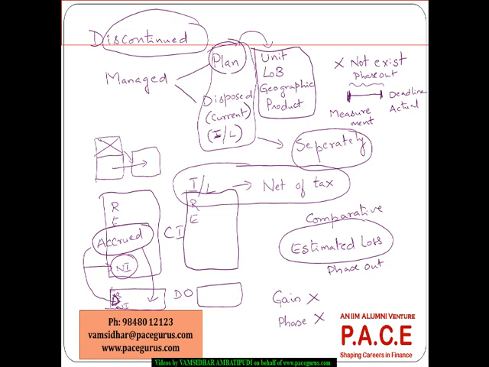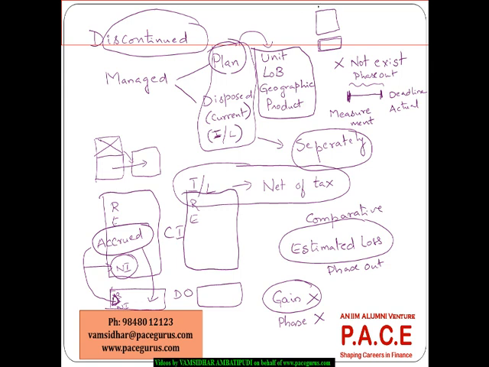Show the estimated loss in the income statement on the measurement date, but if there is an expectation of a gain, don't show any gain until the actual transaction is completed. So in simple essence, for any discontinued operation, the whole income or loss is shown as a separate block after the net income.